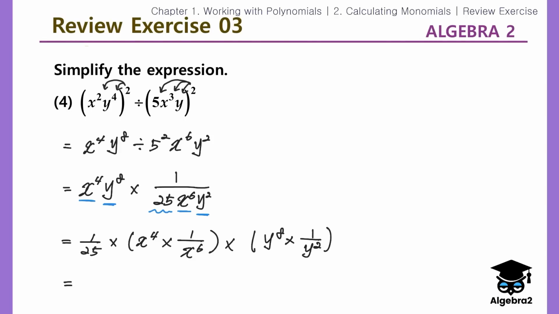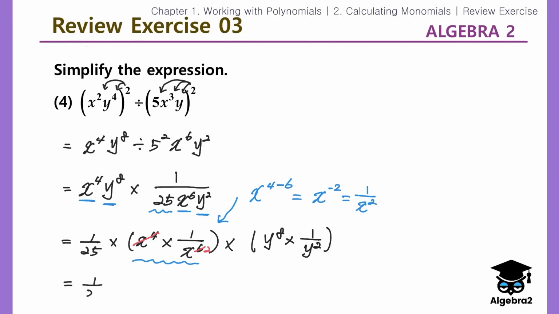So that is equal to, this part right here, that's x to the 4 minus 6, right? So x to the negative 2, that's 1 over x squared. Or you can just say 4 x's from numerator, 4 of them from denominator. So this one becomes 2, right? So that's just 1 over x squared.